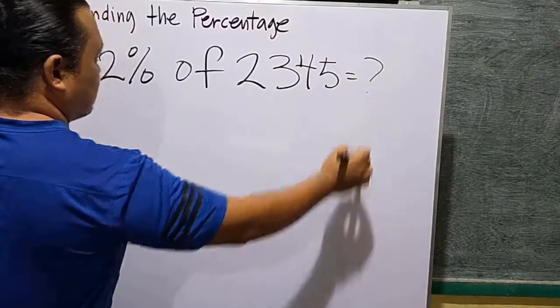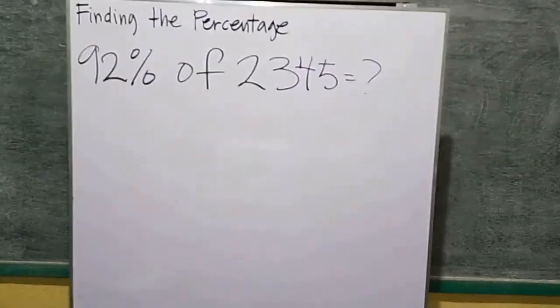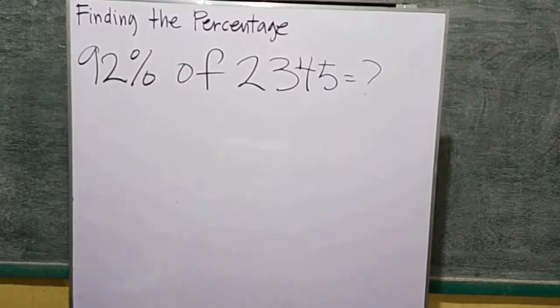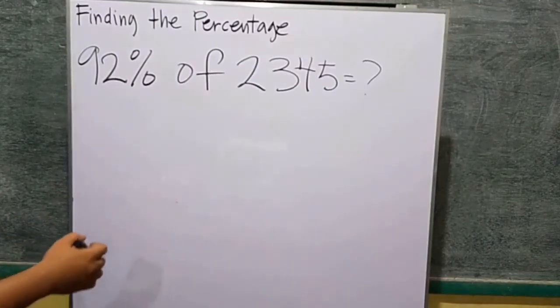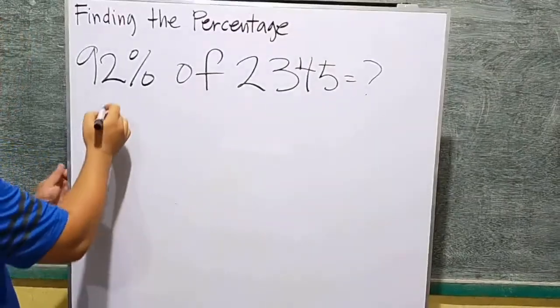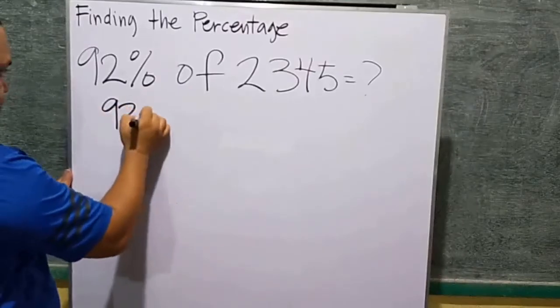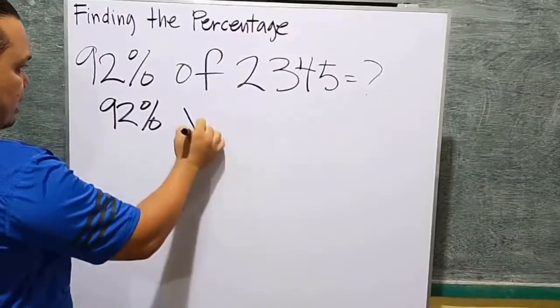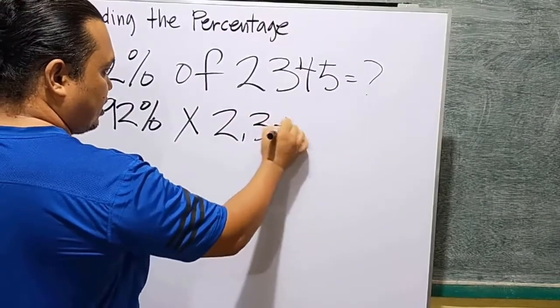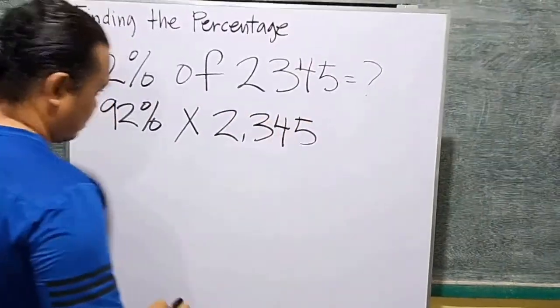Okay. So we are looking for the percentage. Okay. So let's do that. To find the percentage, just multiply the rate to its base. And 92% here for our rate times 2,345 for our base. Okay.